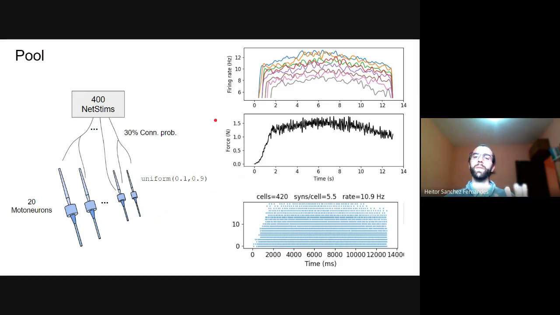And next steps would be to tune this so I can have a force that is related to some neural physiological measurements. And another thing is to have more neurons, because a typical pool of motor neurons that controls, let's say, the first dorsal interosseous of the hand has 120 motor neurons.